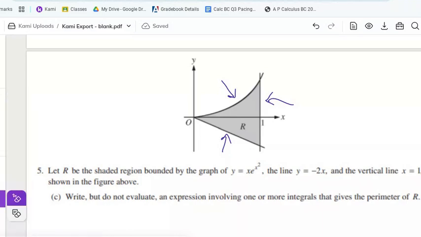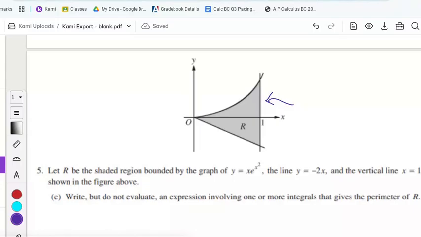To start off, to find the length of the line x equals 1, we should find its intersection points and get its y values. To find its intersection points, we should plug in x equals 1 into these bottom and top curves. So let's first plug in 1 into y equals xe to the x squared. This means the length of this individual line is e. Now let's plug in 1 into y equals -2x.